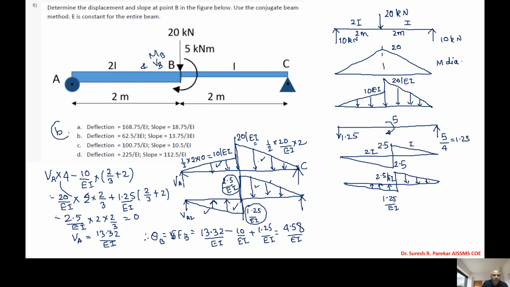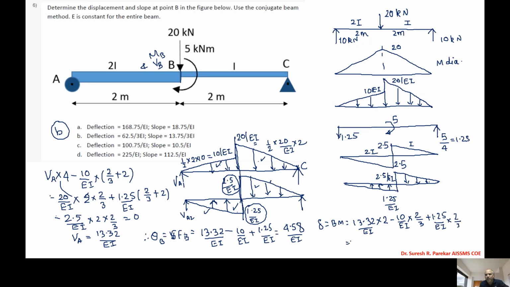Now you can have the bending moment also. So if we go for the bending moment, then we will get delta equal to the bending moment, equal to 13.32 upon EI into 2, then due to 10 upon EI we have minus 10 upon EI into 2 by 3, and then plus 1.25 upon EI into again 2 by 3.